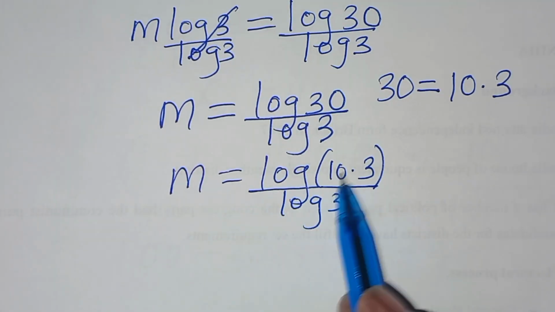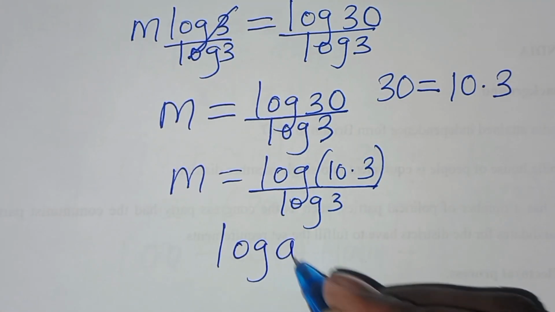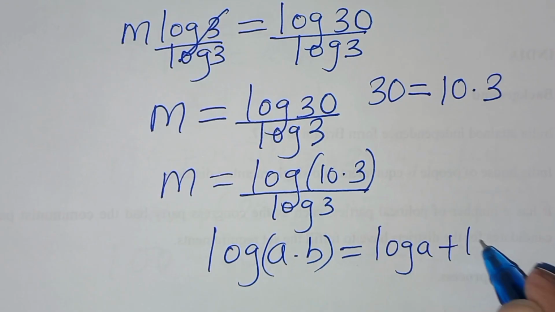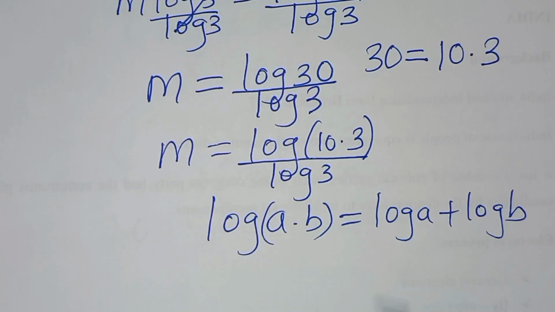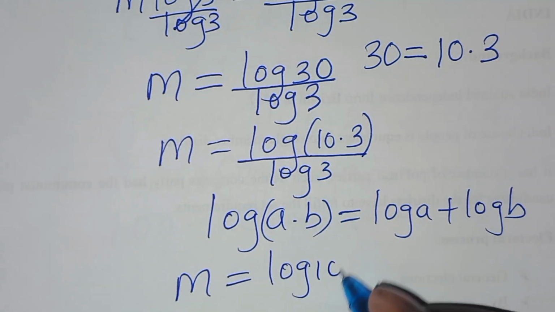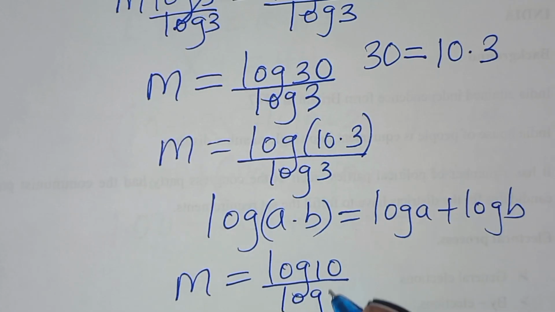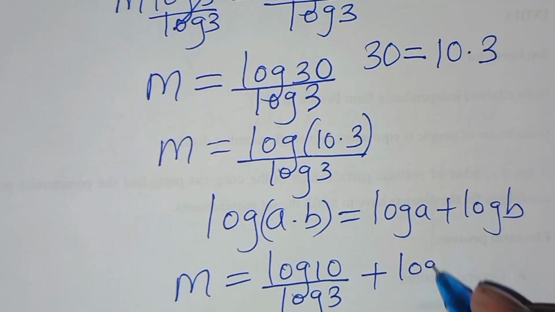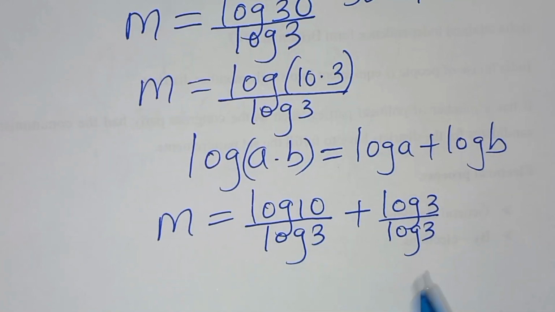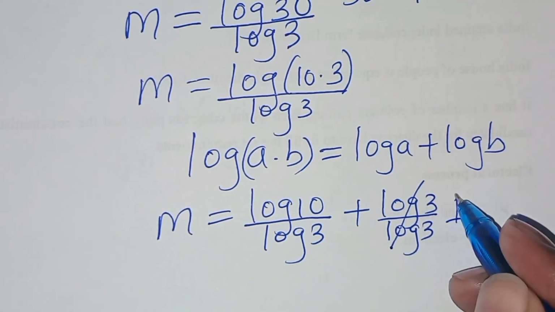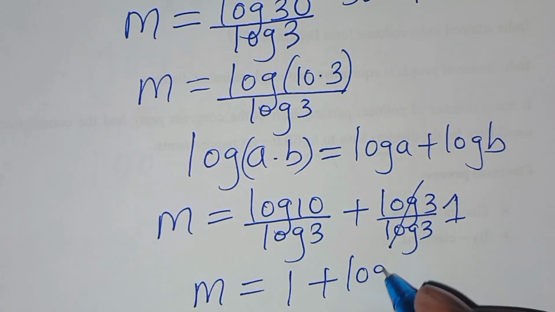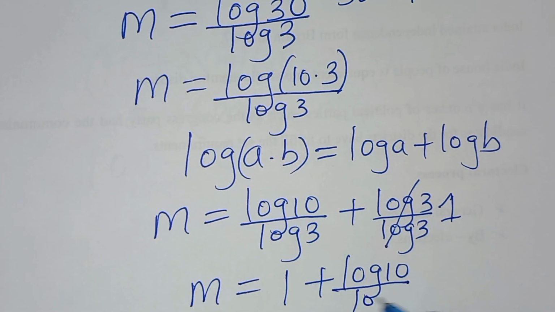The next step here, log 10 times 3, this is in the form of log a times b, which we can express as log a plus log b. So applying this logarithm property, then m is equal to log 10 divided by log 3 plus log 3 divided by log 3. So let's divide log 3 and log 3. This is actually equal to 1. So that m is equal to 1 plus log 10 divided by log 3.